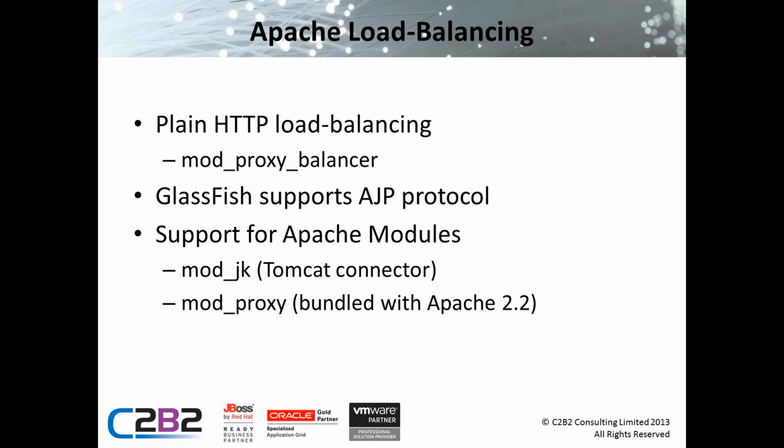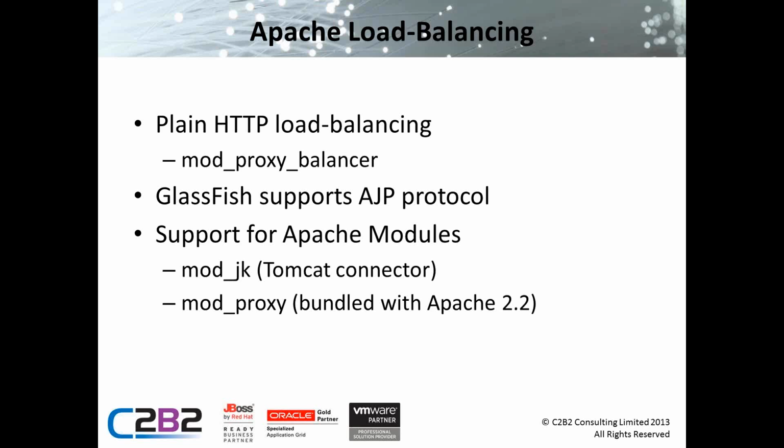Another thing that GlassFish can do is it supports the AJP protocol, which you can use in combination with mod_jk, the Tomcat connector, which enables the AJP protocol, which is slightly more efficient than plain HTTP. It's a binary protocol, and it's better optimized to connect to Java app servers.